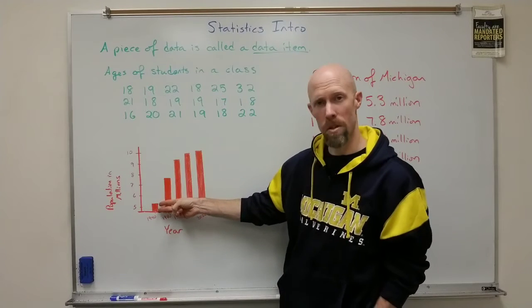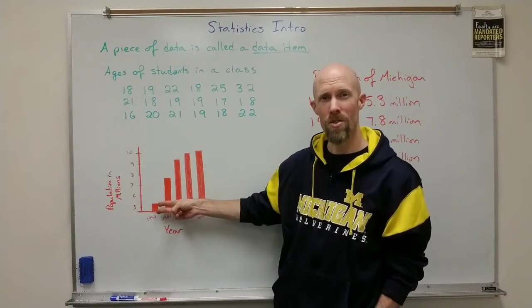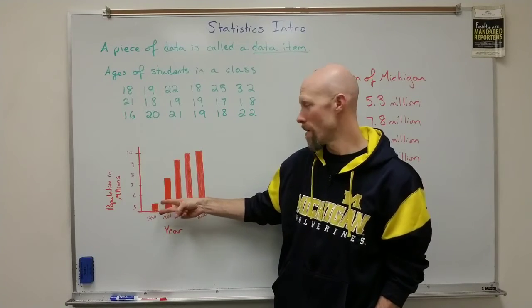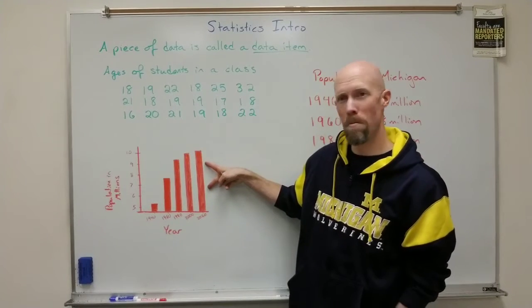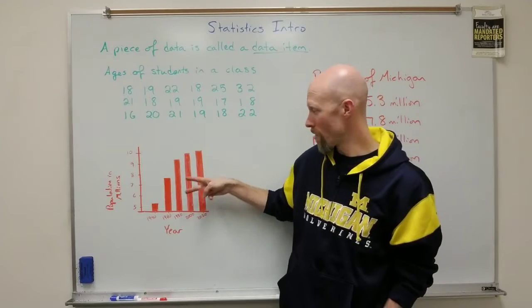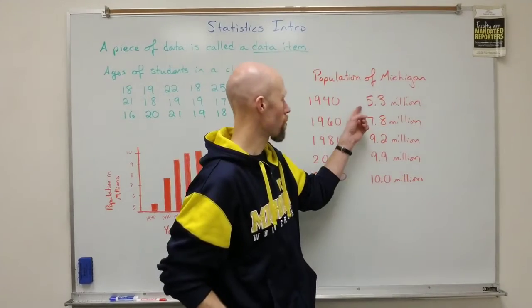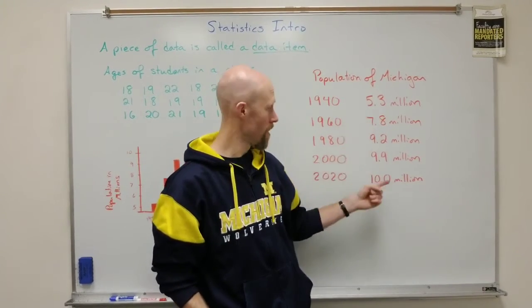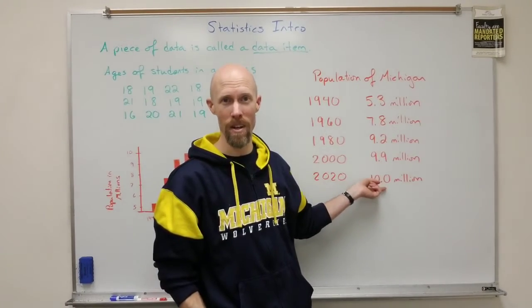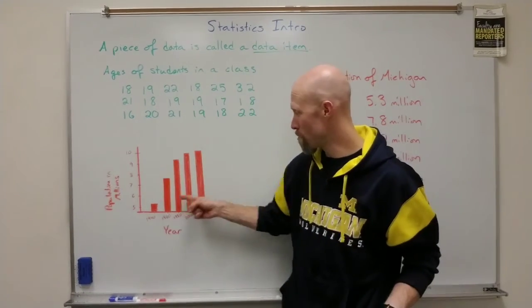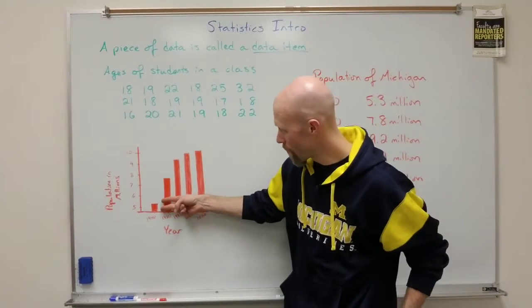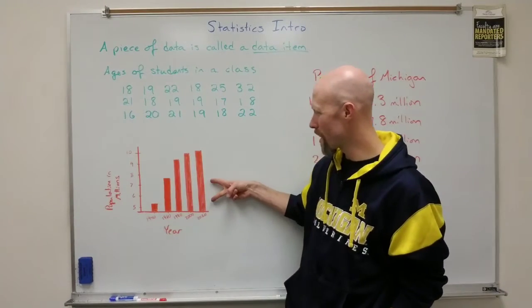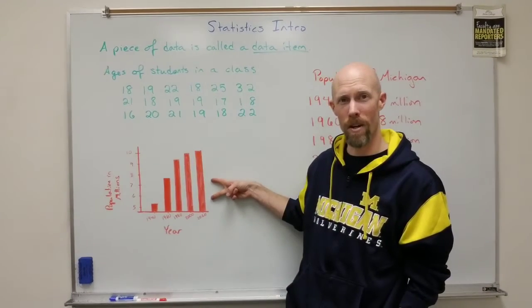The bar that represents 5.3 million is significantly smaller than the bar that represents 10.0 million. Now think about this. 5.3 million is over half of 10 million, right? But that's not what this bar represents, right? The height of this bar is significantly less than half the height of this bar, okay?